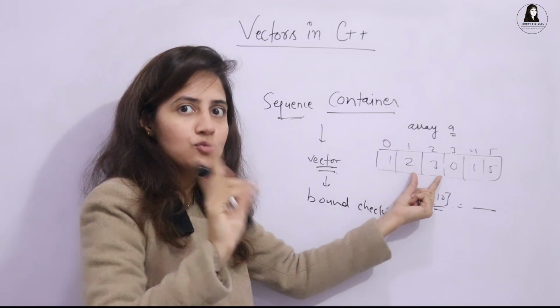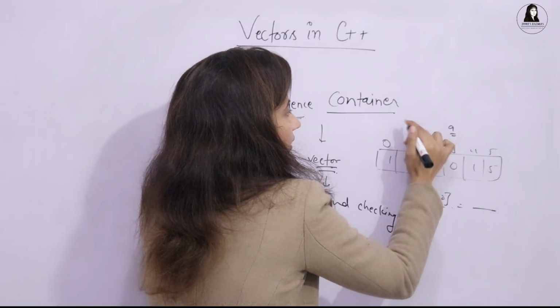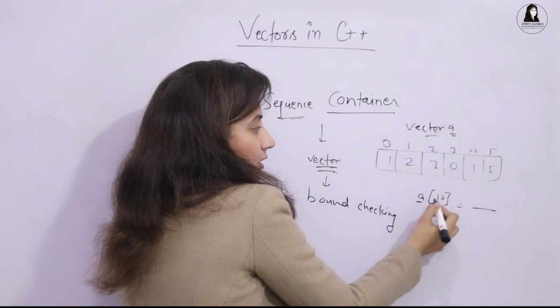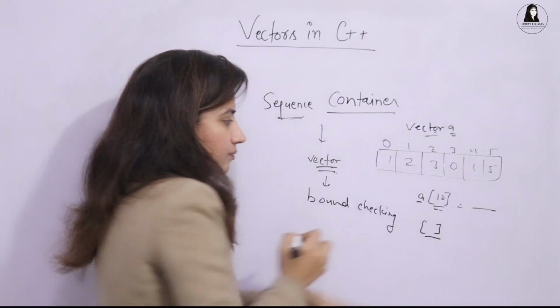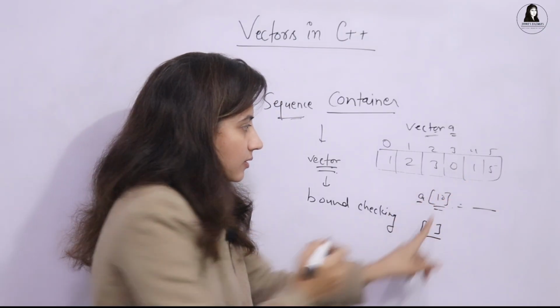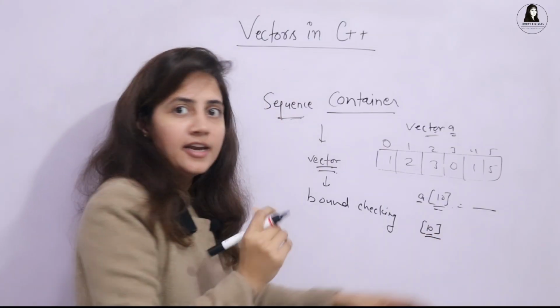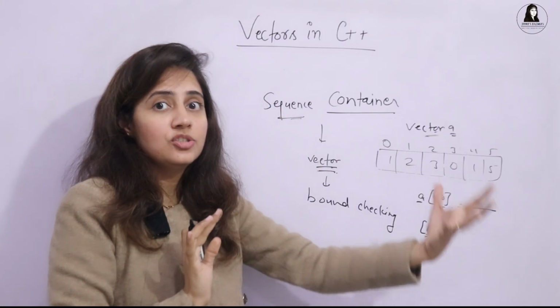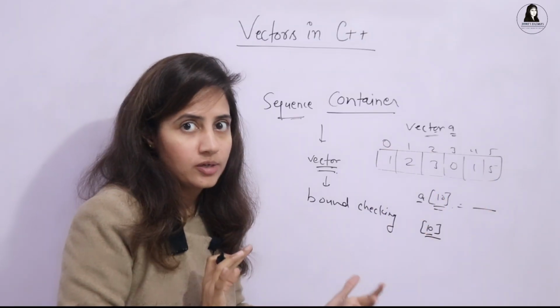But same if this is a vector, suppose this is vector A, not an array. If you use the subscript and want to access index 10, it will not provide bound checking. It will give some garbage value. But there are certain functions that do bound checking.